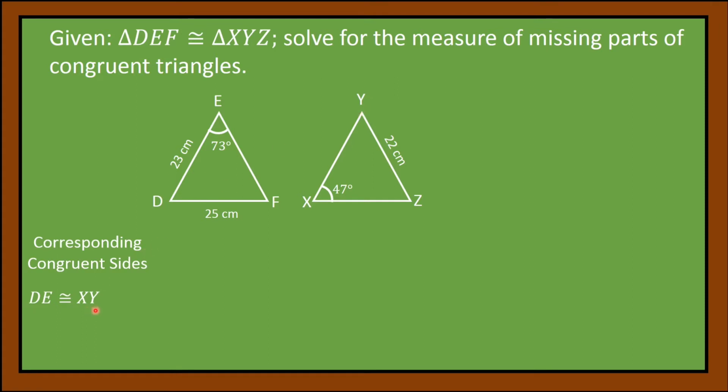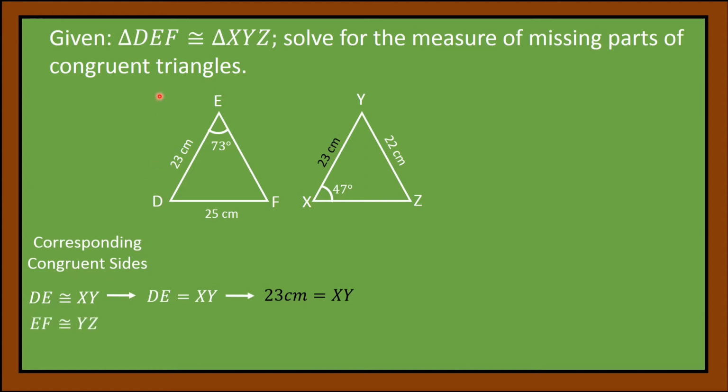They are congruent, ibig sabihin ang sukat ng side DE at side XY ay magkapareho. So, DE is equal to XY. Since ang side DE ay mayroon ng sukat na 23 cm, we can say that side XY is also equal to 23 cm.